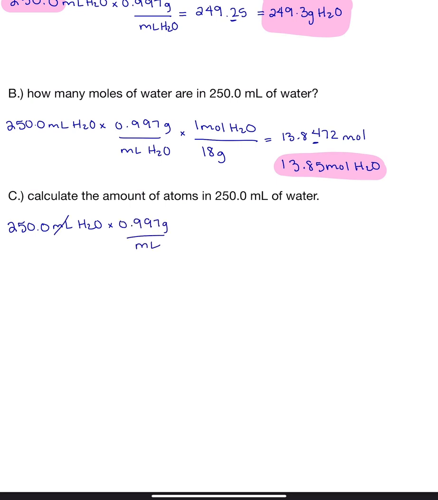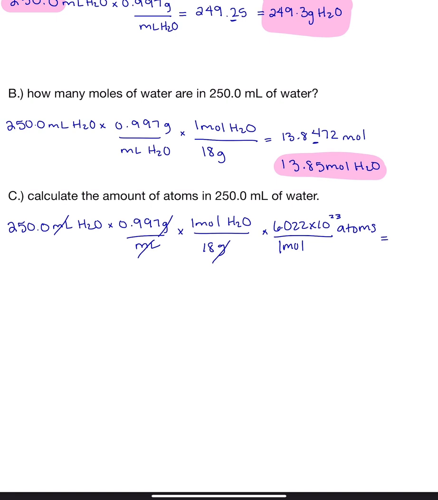So that will cancel out your milliliters. 1 mole. That'll cancel out your grams. 1 mole is equal to Avogadro's number, which is 6.022 times 10 to the 23rd atoms.